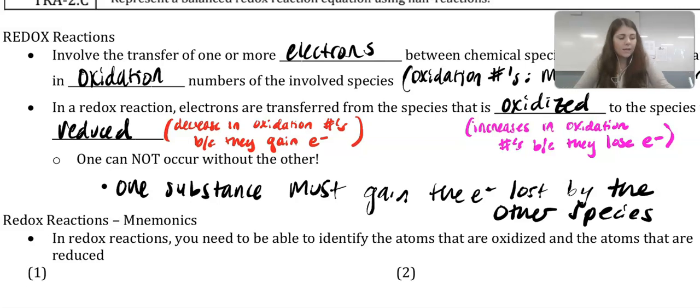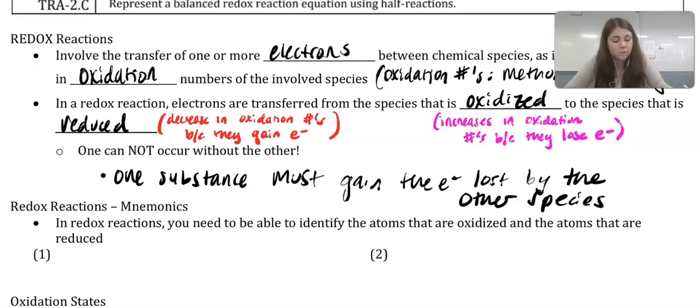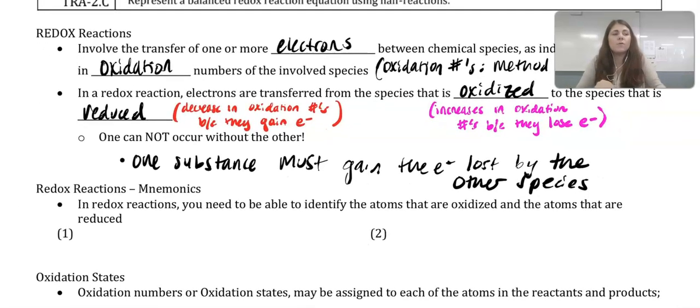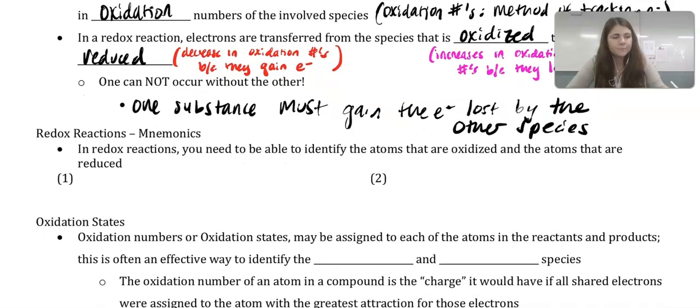So if you see that one lost, but you cannot find one where there's gain, you may have calculated the oxidation number wrong. Not entirely sure, but I would definitely check your work, because if something's being oxidized, there will be something that's reduced. And again, we're talking about one element on the reactant side and then looking at that element on the product side. How did it change in numbers?